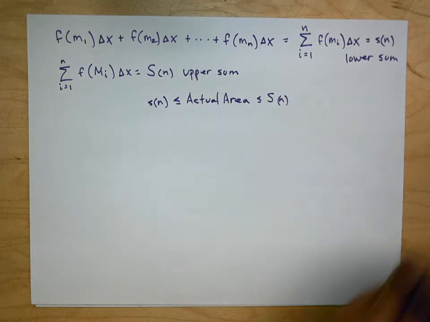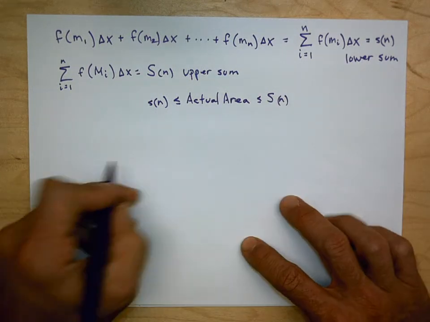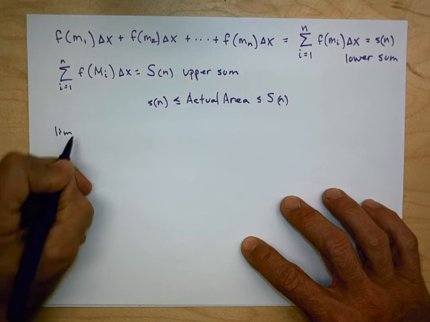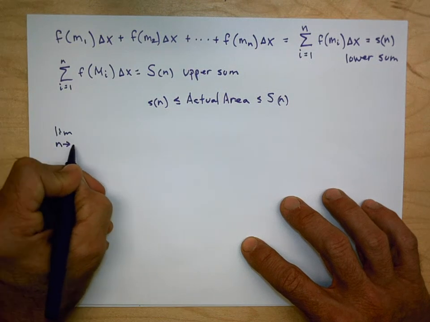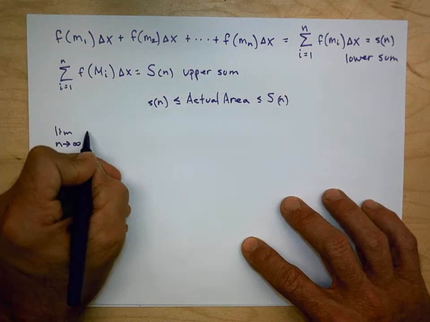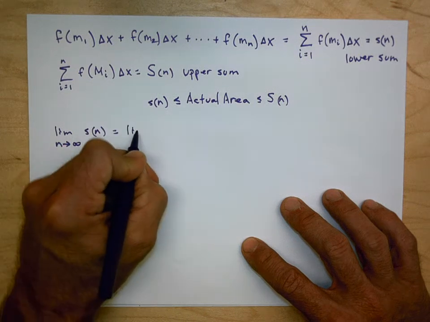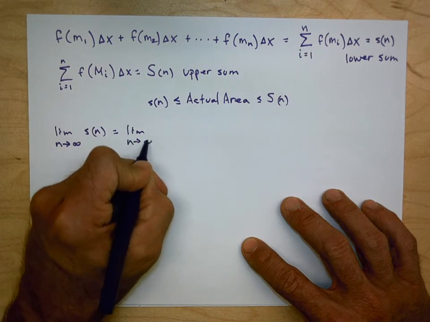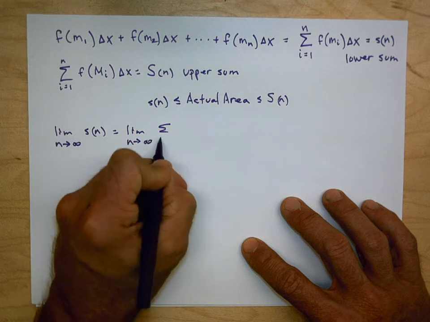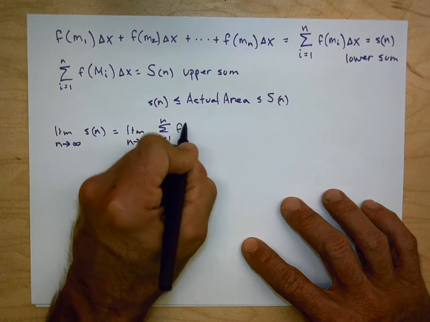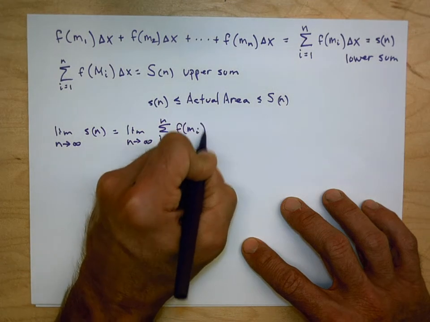Well, as it turns out, I'm not going to prove this, but if we take the limit as n goes to infinity of little s of n, so in other words, we take the limit as n goes to infinity of the sum from i equals 1 to n of f of little m sub i delta x.